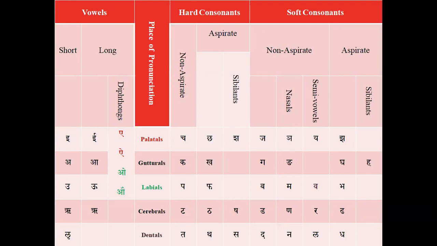These consonants cannot be pronounced independently. So when you utter the consonants ka, kha, ga, gha, cha, chha, ja, jha, if you observe, it ends with a sound. What sound? What is the sound it ends with?